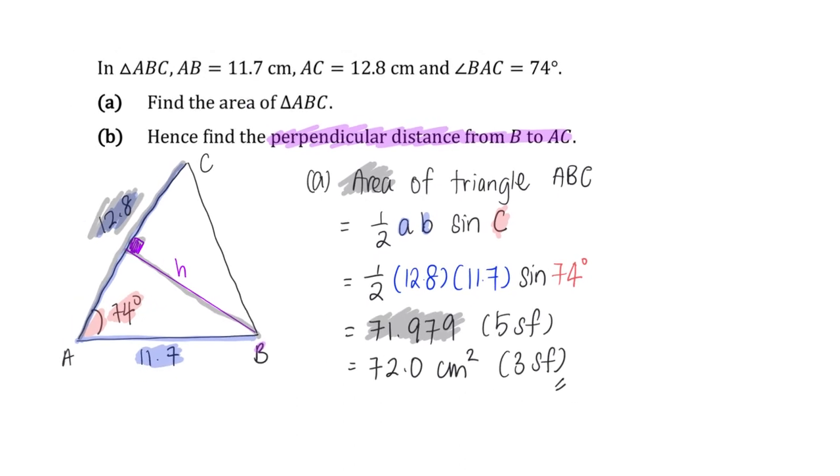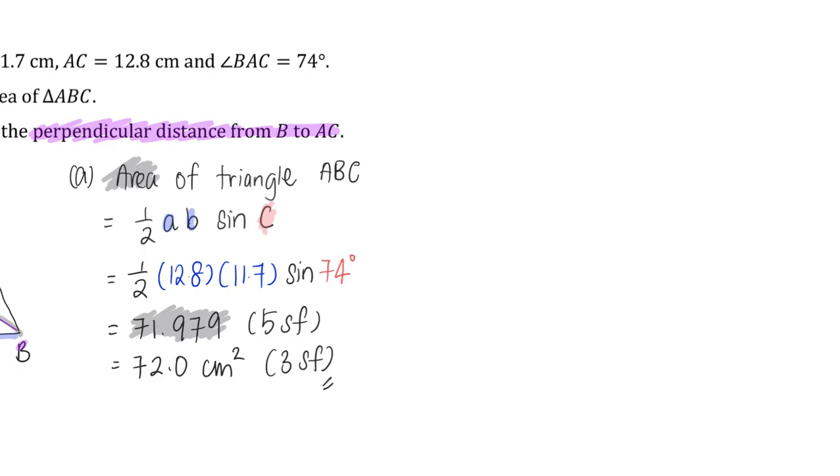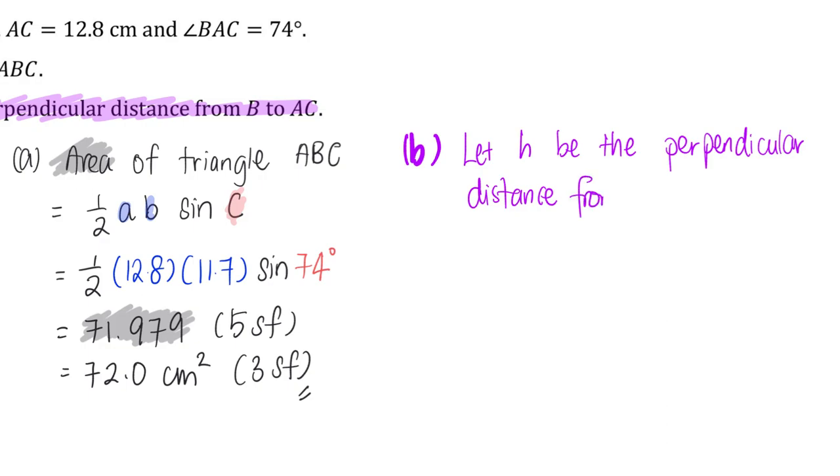For part B, I'm going to write: let h be the perpendicular distance from B to AC.